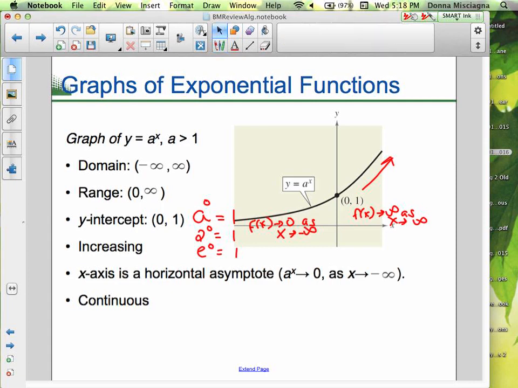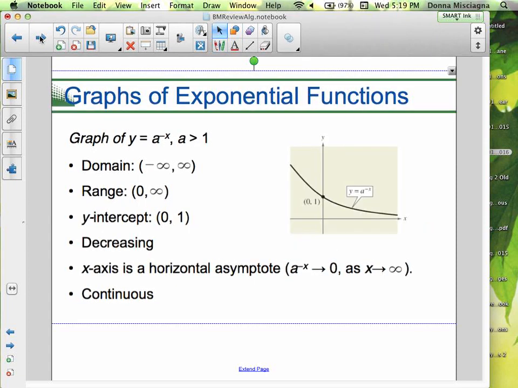Let's compare that to exponential decay. It looks a lot like exponential growth, it's just going the other way. And here, this is the graph of y equals a to the negative x. So if we have a to the negative x, we know that our base is going to be the reciprocal. So for instance, this would be y equals 1 over a to the x. Okay? So our base isn't greater than 1 because it's in the denominator.